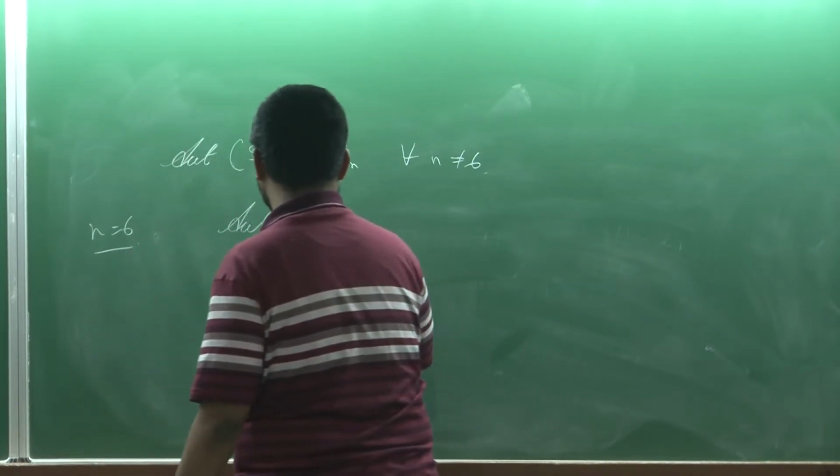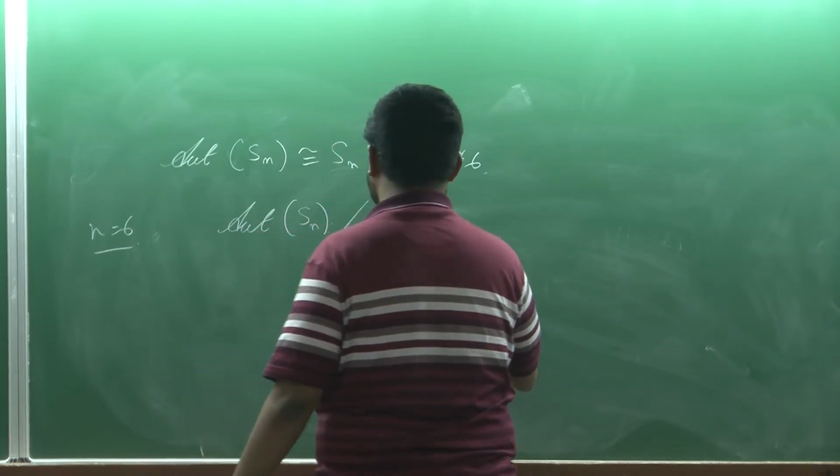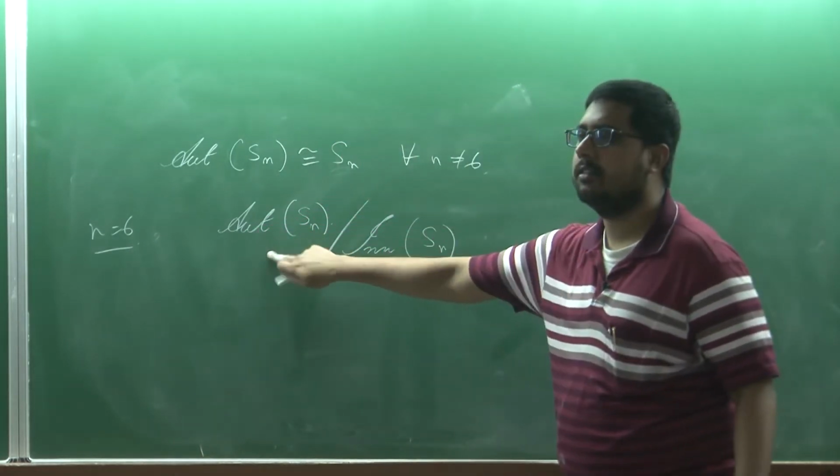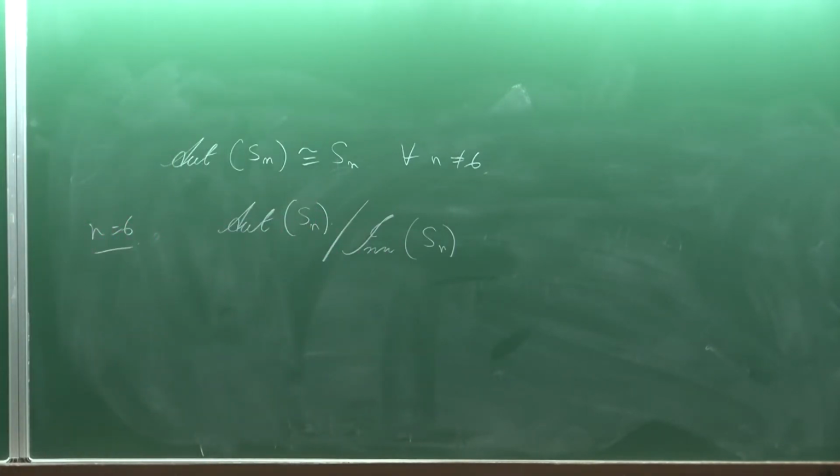First of all, it is an easy, trivial verification that the inner automorphism group of Sn is a normal subgroup of the automorphism group of Sn.